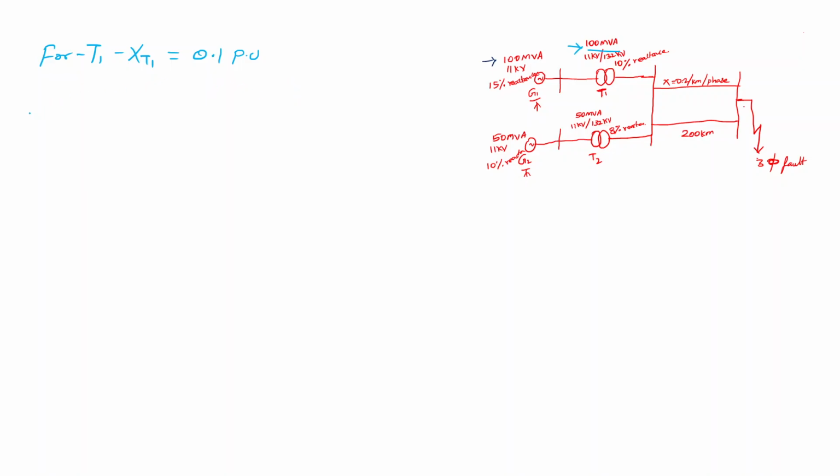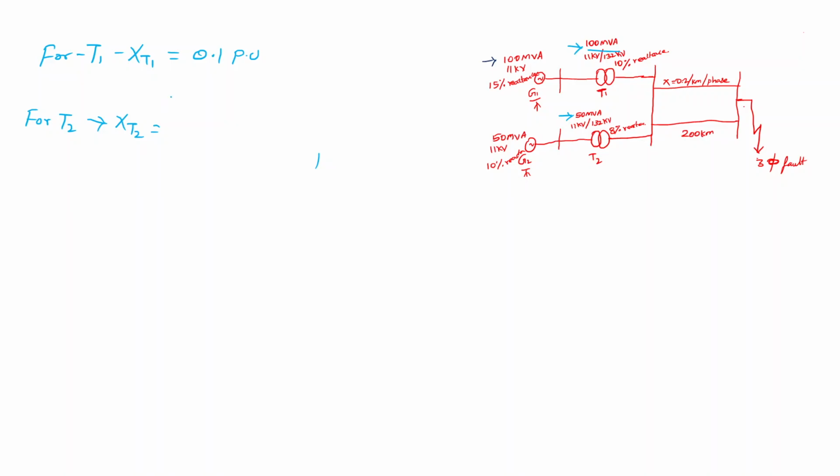And then for T2, we need to find out Xt2. In Xt2, what is the base? The base is 50, so we need to change the base. This 50 MVA is old, and this is new, and it is 8%.